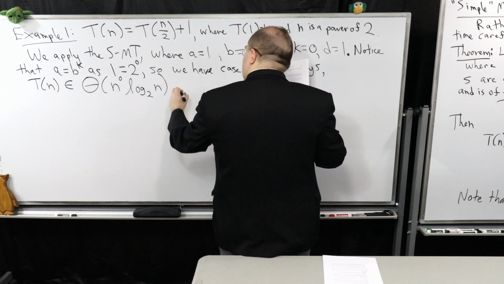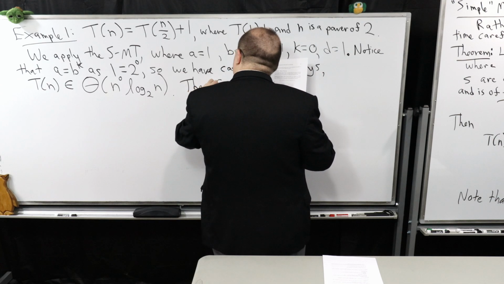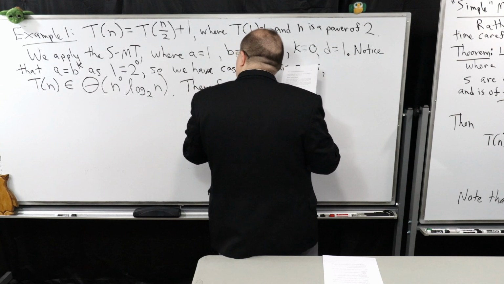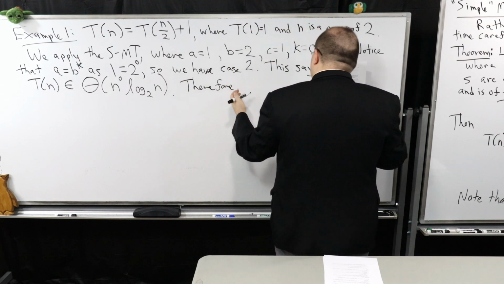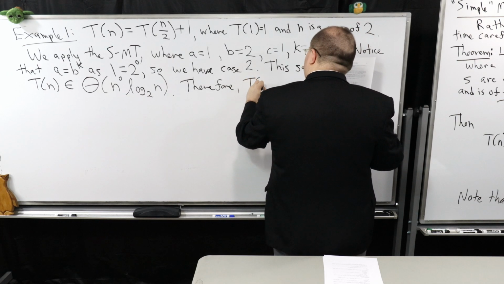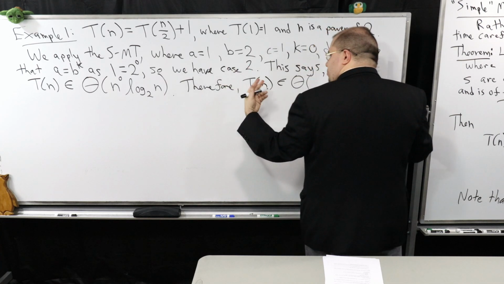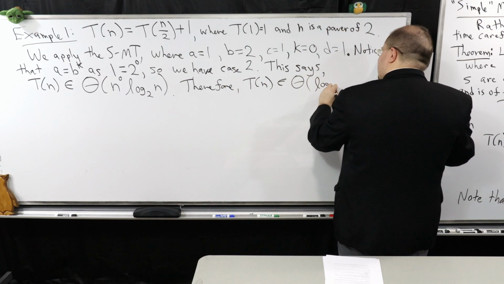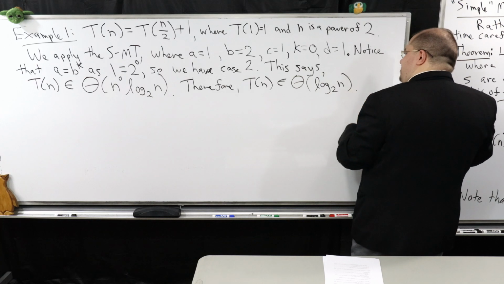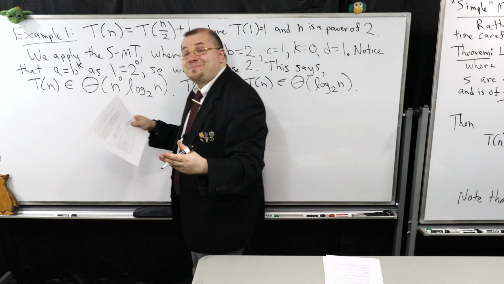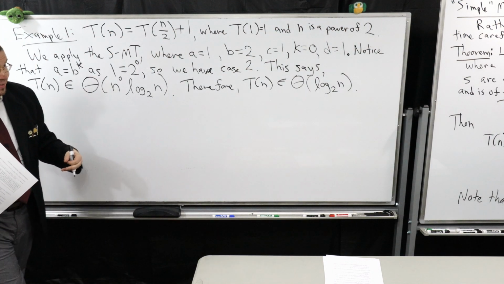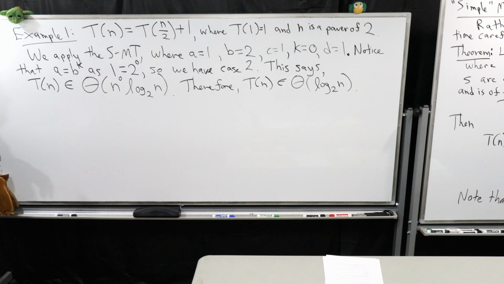Therefore, T is big theta of, well, n to the power of 0 is just 1, right? So that means that T is big theta of log base 2 of n, which you know about because binary search has a logarithmic running time, right?